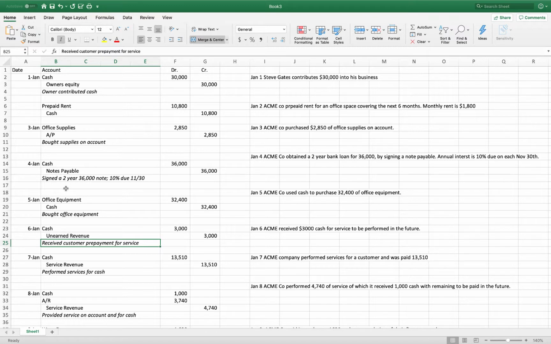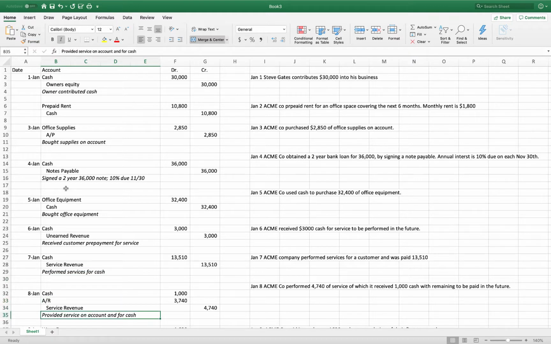We receive prepayment for services. Always going to see that. Remember, we hit our cash because we're receiving cash. We have a liability. That liability to us is to provide that service. So we have an unearned revenue liability. We're always going to see perform service for cash.